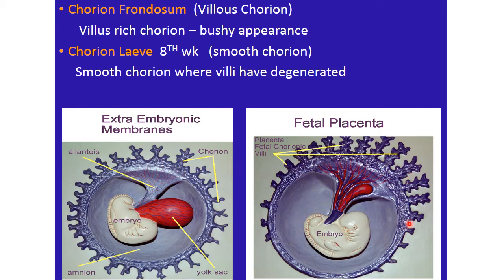And that part of the chorionic sac where the maximum development and growth of the villi takes place is called the chorion frondosum. So the villous rich chorion where the villi give the appearance of being bushy is called the chorion frondosum, and that actually forms the fetal part of the placenta.